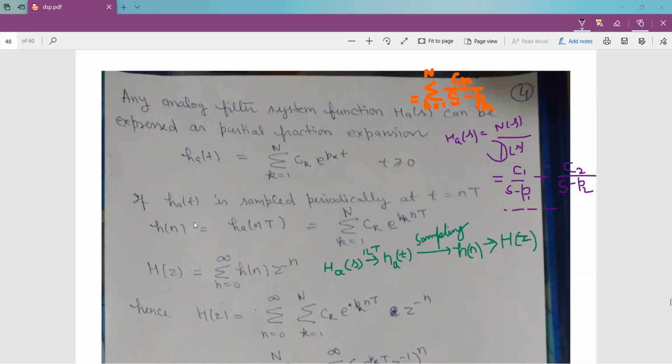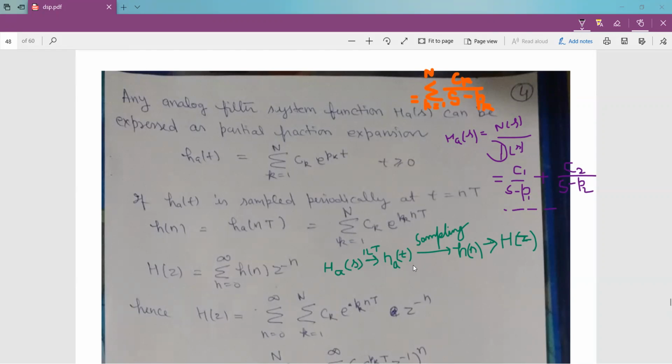So if we sample h_a(t) at an interval of capital T, then its digital counterpart h(n) can be obtained by putting t equal to nT in the analog response h_a(t). It means what we are doing: we take the inverse Laplace transform of the analog filter transfer function and get its impulse response.